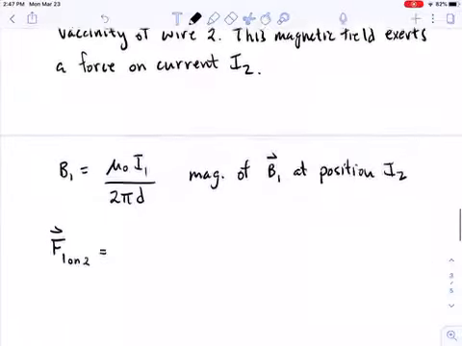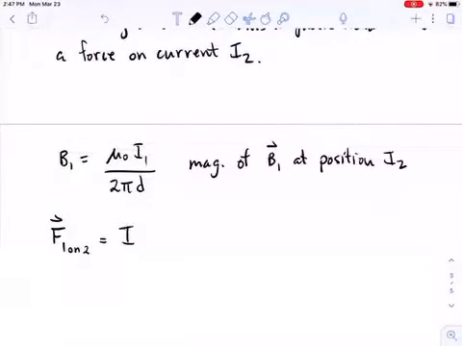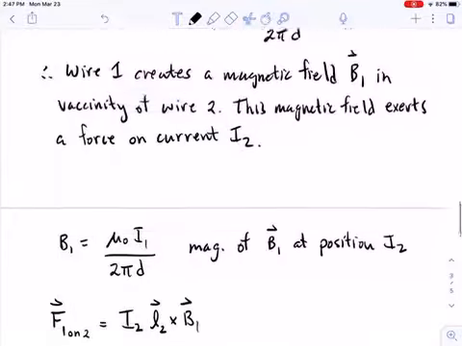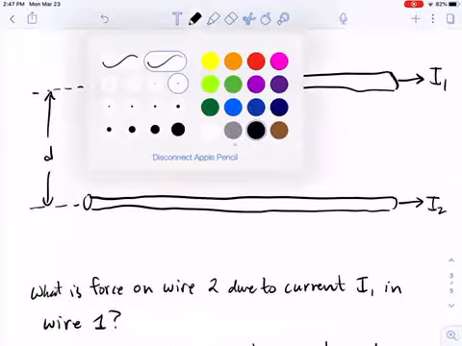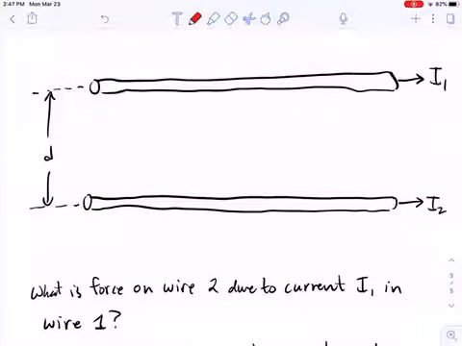So it's going to be equal to I2 times, say, L2 cross B1. Okay, so let's think about that a little bit. We're going to have some vector L2, which looks something like this.